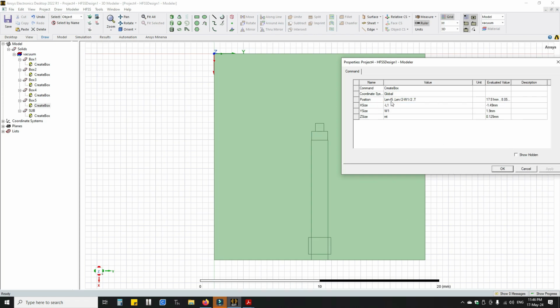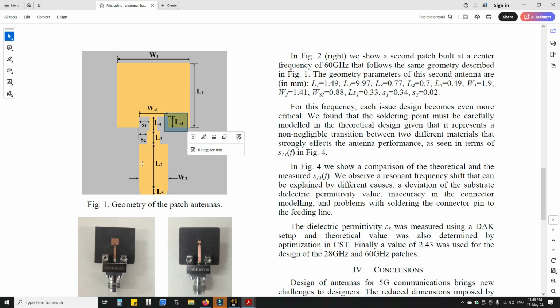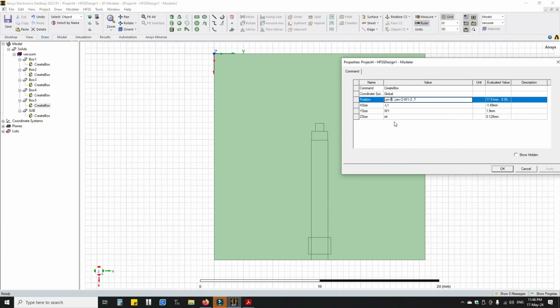It starts here, L5. Next 2, 3, 4. L5 minus L2 minus L3 minus L4.